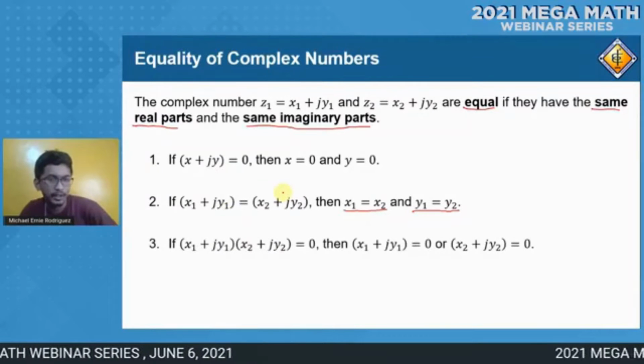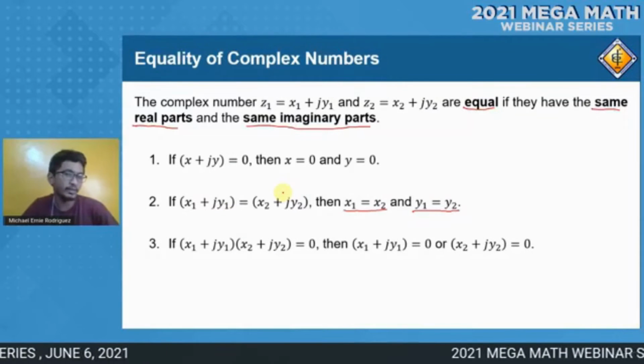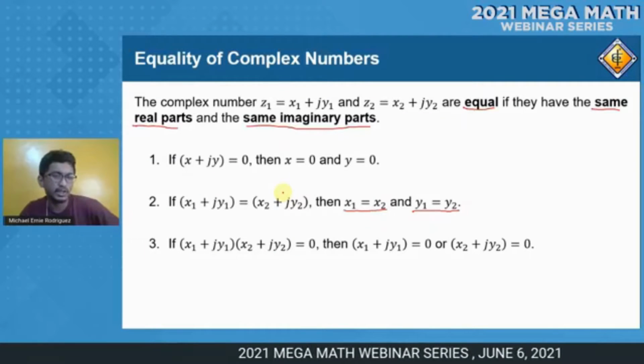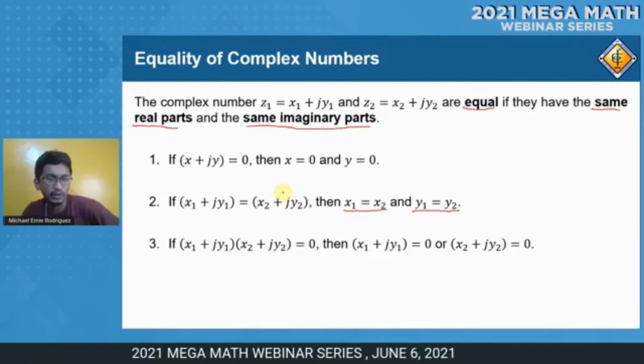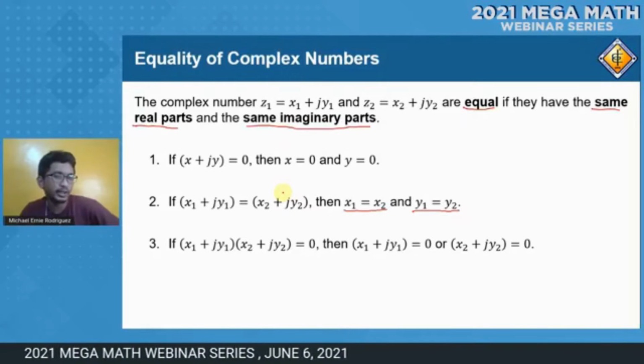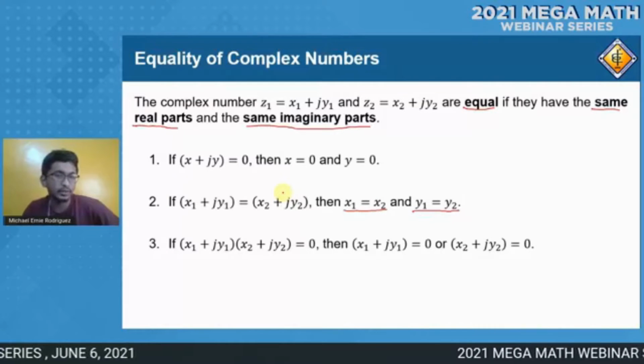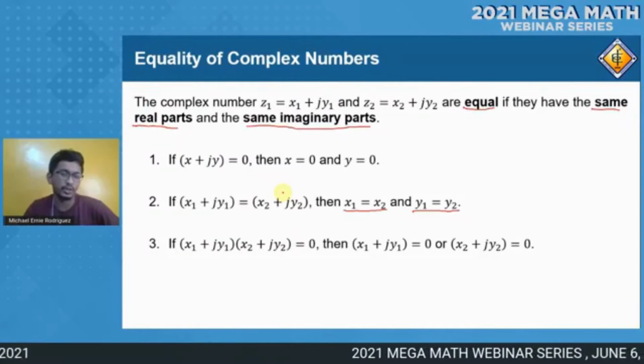And last, if we have x1 plus jy1 times your x2 plus jy2, if that is equal to 0, then we can say that either your x1 plus jy1 is 0 or x2 plus jy2 is equal to 0.